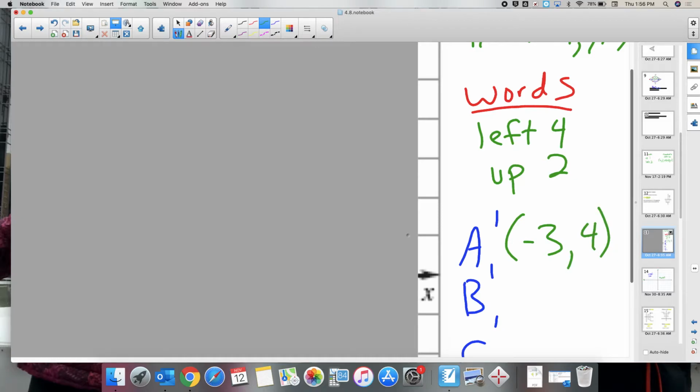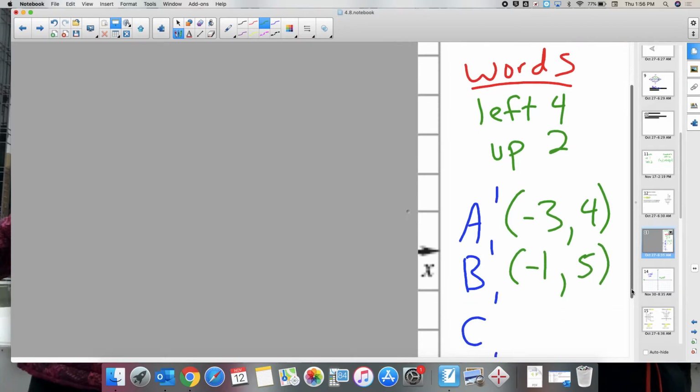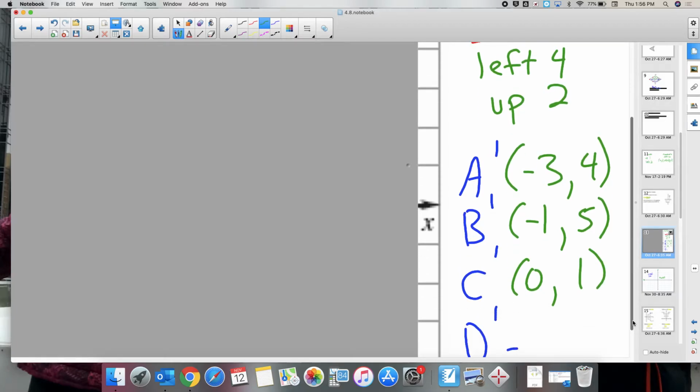For B prime, if we take it left 4, we're going to end up at -1. Up 2, we'll end up at 5. C prime, if we take it left 4, we end up at 0. We take it up 2, we end up at +1. For D prime, if we go left 4, we end up at -3. If we go up 2, we end up at 0. So there are our new points.